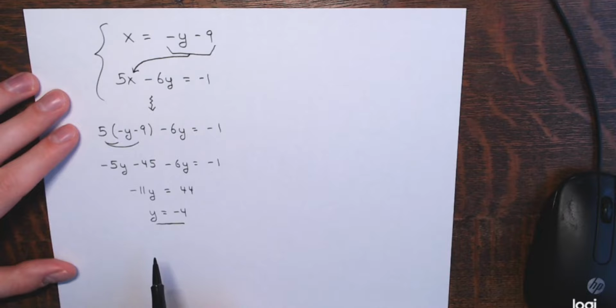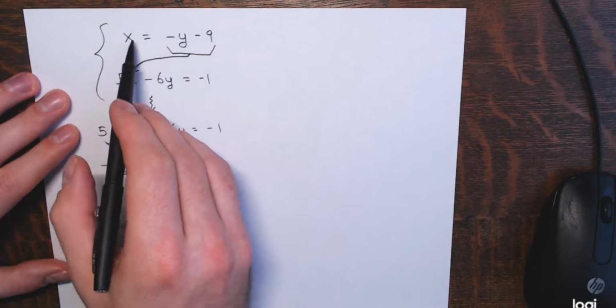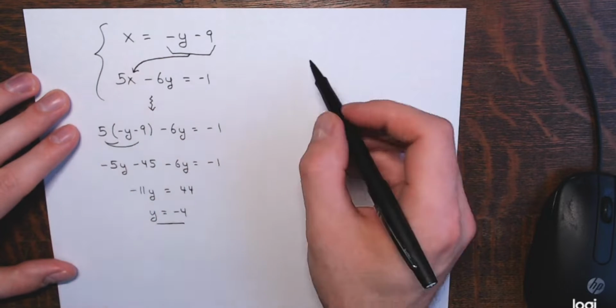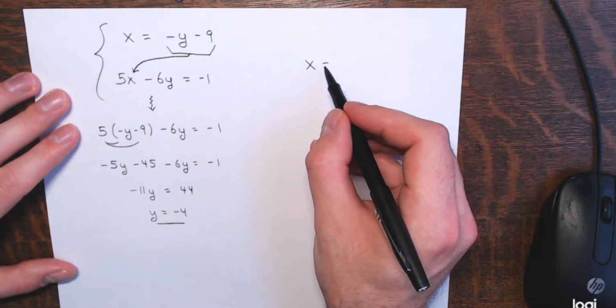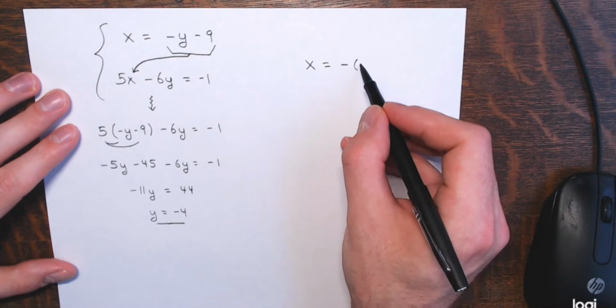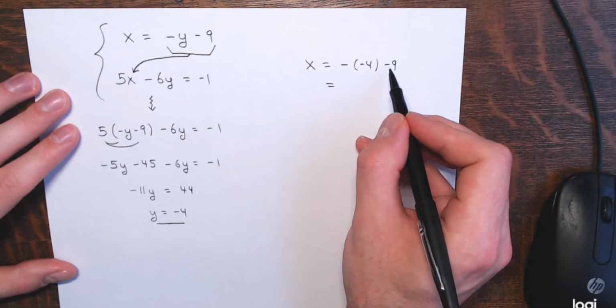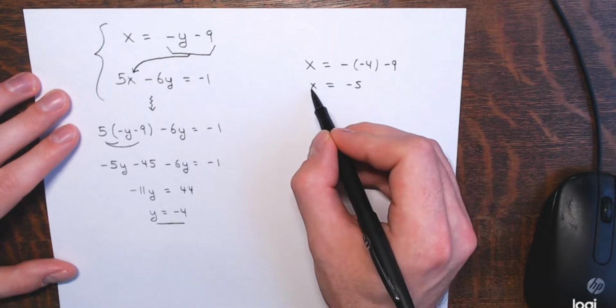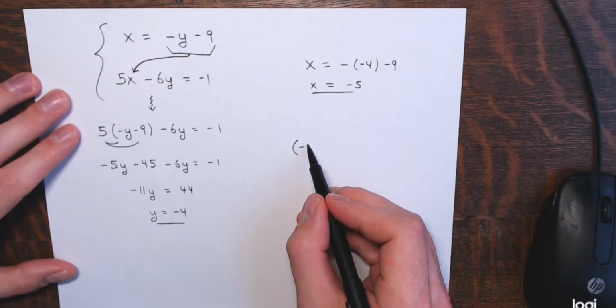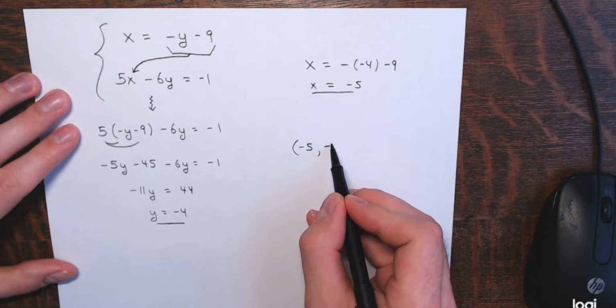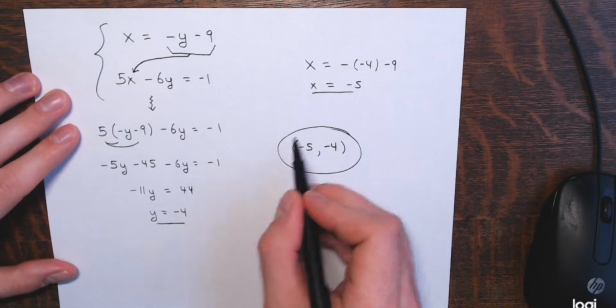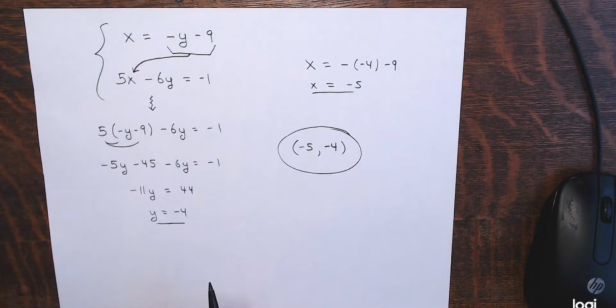And then I pop negative 4 into any equation with x, but I'll just do the first one since it's solved for x, right? X equals the opposite of negative 4 minus 9, which is just 4 minus 9, which is negative 5. So the solution is negative 5 for x, comma, negative 4 for y. That point is where the two lines will cross. And let's just be doubly sure, absolutely certain.